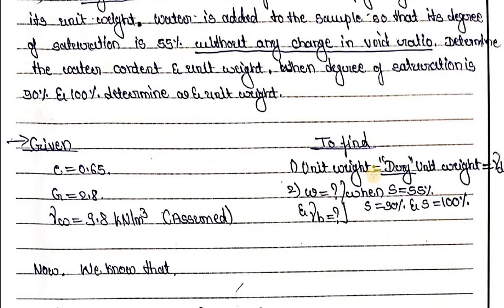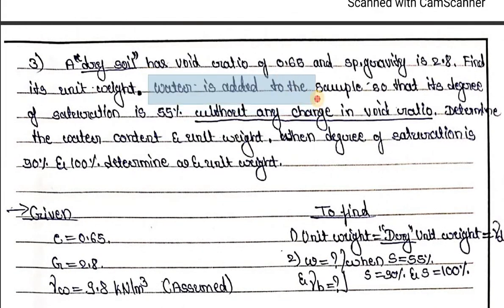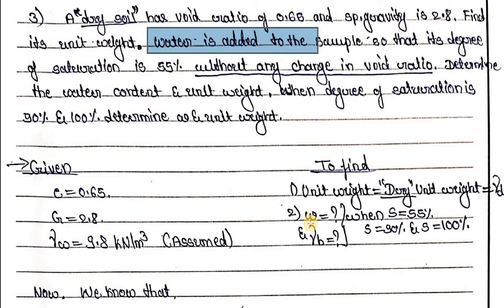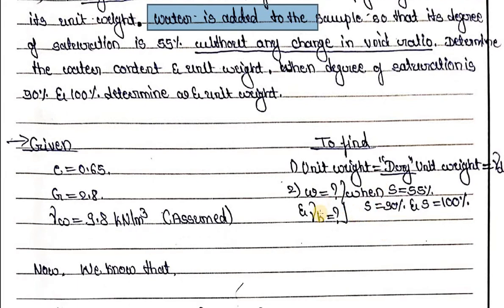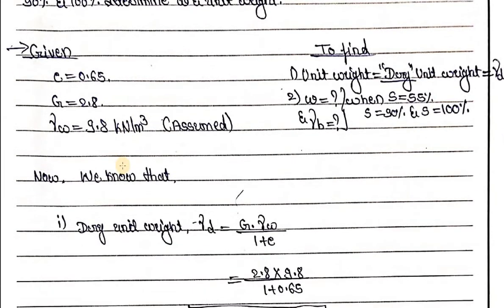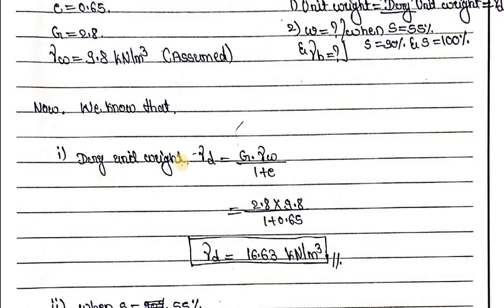The dry unit weight will not remain because water is added. As we add the water, the degree of saturation increases. So for all three degrees of saturation, we need to find the water content and bulk unit weight. First, we need to find the dry unit weight.